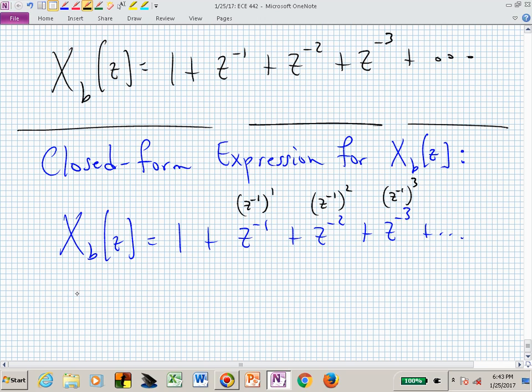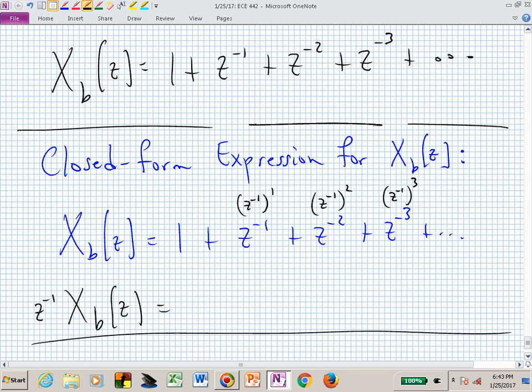We can now say, oh, here is x sub b of z. What if I hit that with z to the minus 1? Every term on the left, I just multiply that by z to the minus 1. Now every term on the right, what happens? The 1 becomes z to the minus 1. The z to the minus 1 becomes z to the minus 2.